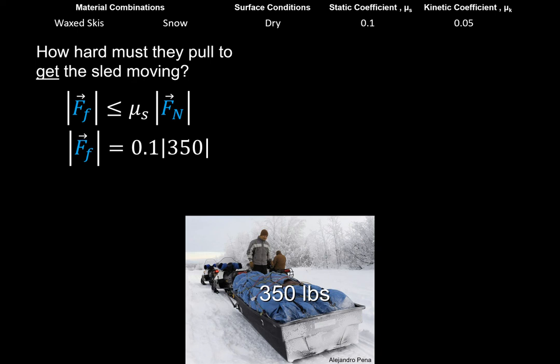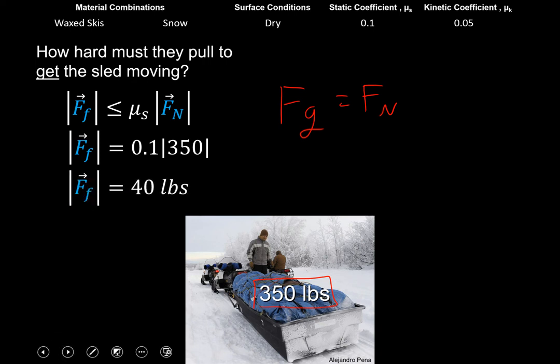So pounds, remember, is the English version equivalent to newtons. So it already tells you it's force of gravity, which in this case, is not on a tilt. So force of gravity equals your force of normal, as long as there's no incline. So you can just plug that in to your force of normal, and then your static coefficient goes in there. And you just multiply the two together. So the friction that you have to overcome to make this sled move is 40 pounds.